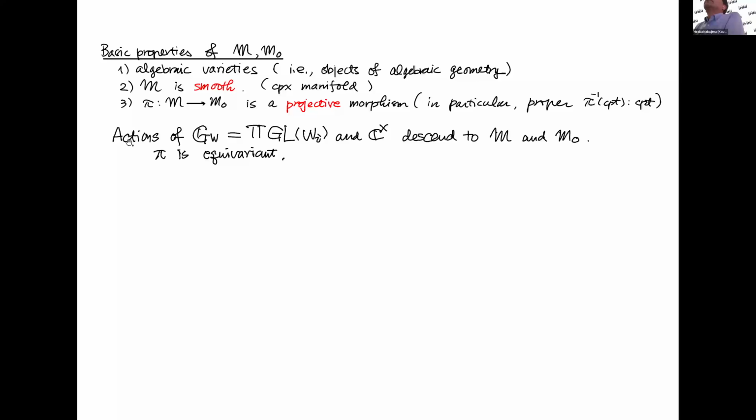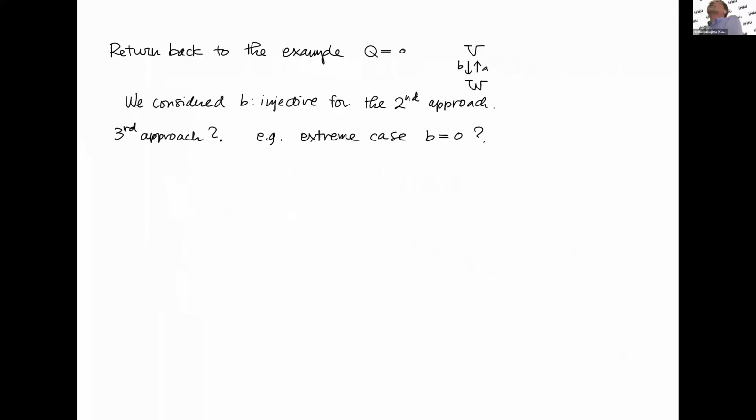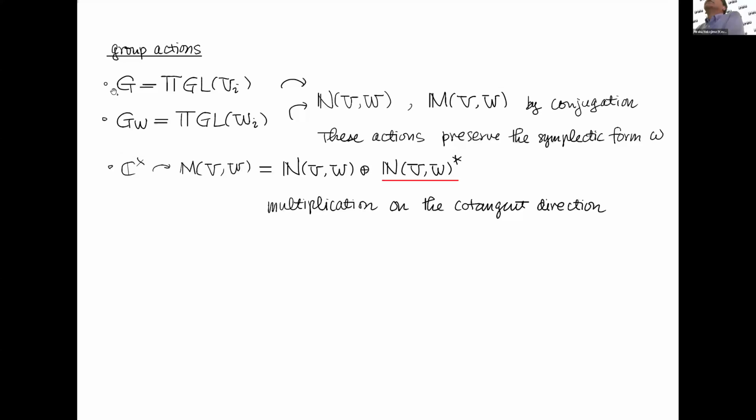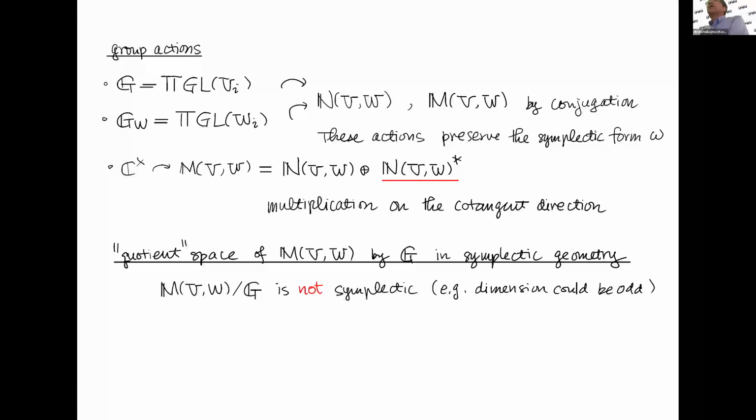And later I will use the action of the two groups which I so far didn't mention at all. So maybe return back to the definition. I introduced three groups, G, GW and C star, and I take the quotient of MVW by the first group G. But you have the additional group actions of GW and C star on MVW, and this action commutes with the action of the original group G. Because of this commutativity, the second and third groups act on the quotient.